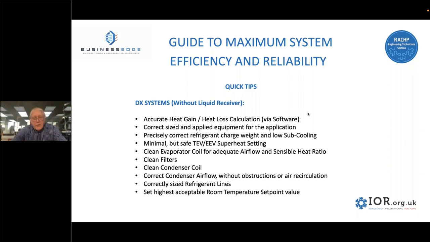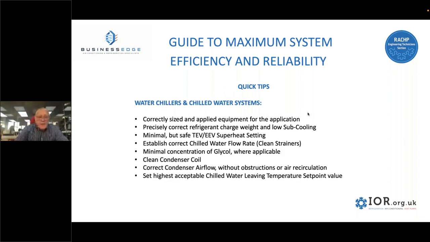All obvious to many refrigeration engineers out there in the field, but hopefully the graphs that you've just seen and the previous elements of the presentation will amplify the need to execute all of these steps when designing systems, servicing them and commissioning them in the field. Or if it's water chillers and chill water systems, these are some of the things that we really should concentrate on in order to maximize the efficiency and reduce our CO2 emissions.